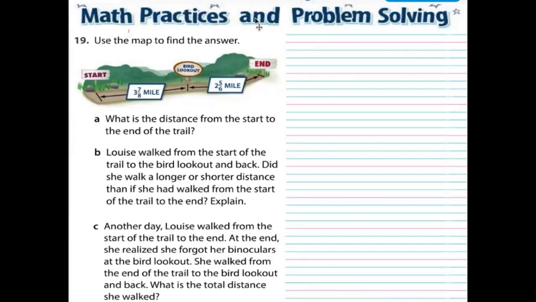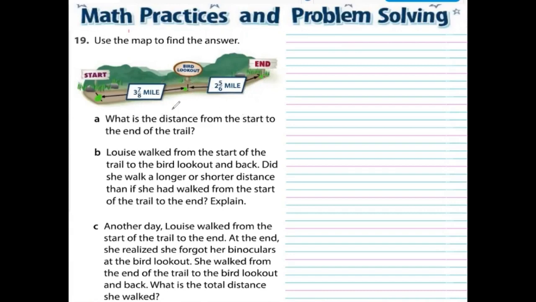Let's move to the word problems. We have in here, use the map to find the answer. What is the distance from the start to the end of the trail? This is the start, guys. And we have 2 parts in here. We have in here bird lookout, and we have here the end.